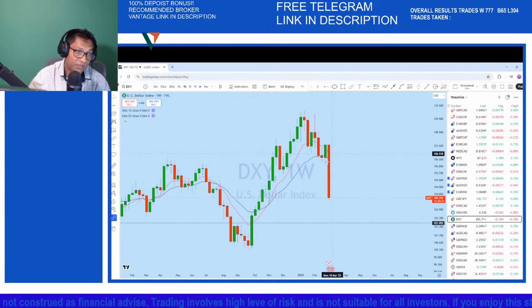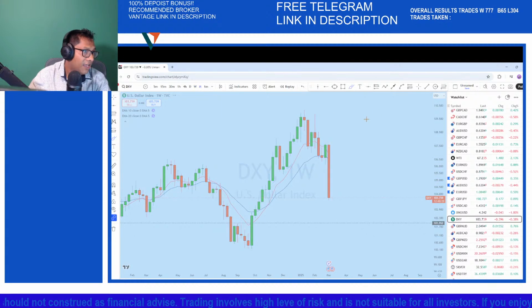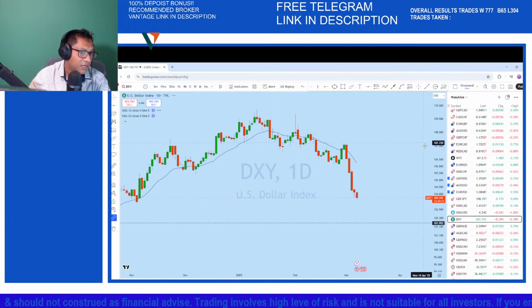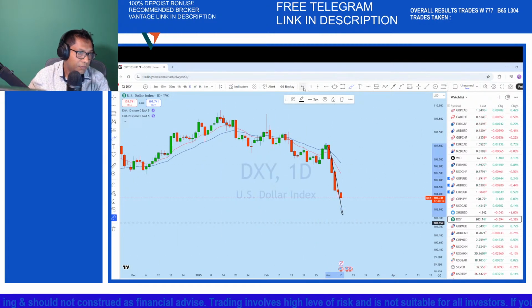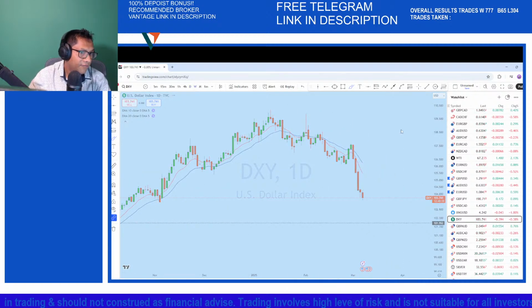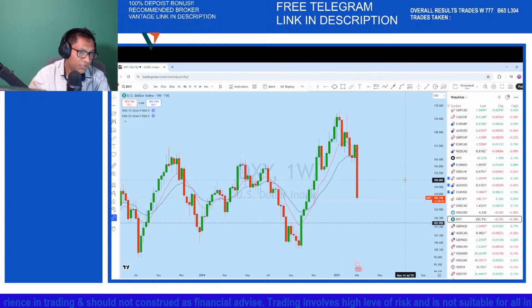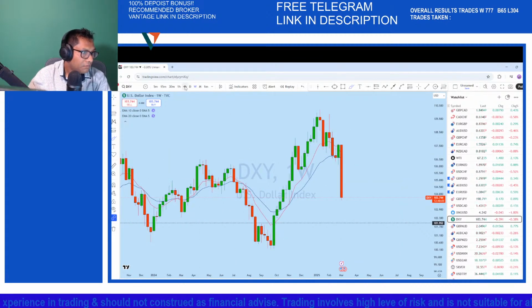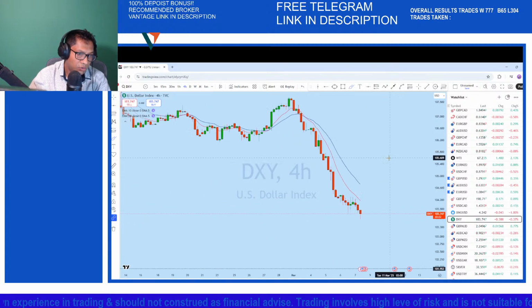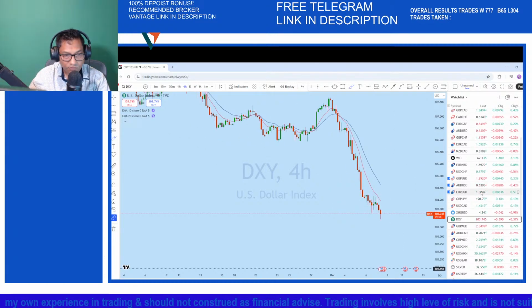If you look at DXY, you can see a complete breakdown from that resistance line, and on the daily chart a massive downtrend, and on the weekly as well a massive drop on DXY, and that leads all those USD instruments to trend.